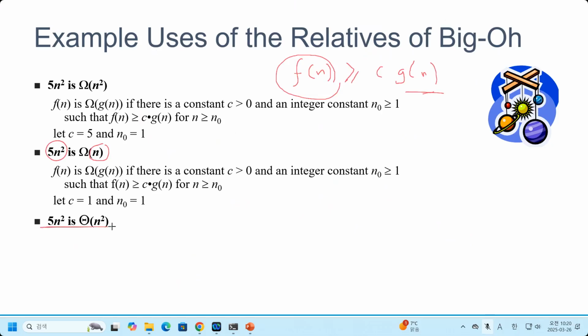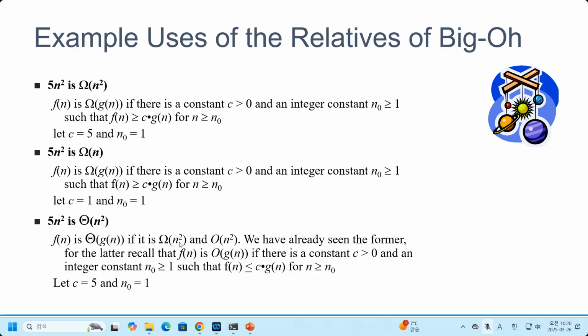What about this? f(n) should be in between c prime g(n) and c double prime g(n). It should be equal. Then n power of 2 is equal to this one. So this is also true.